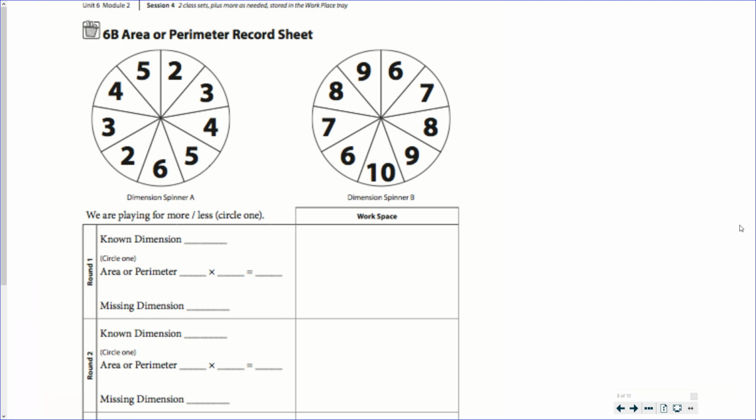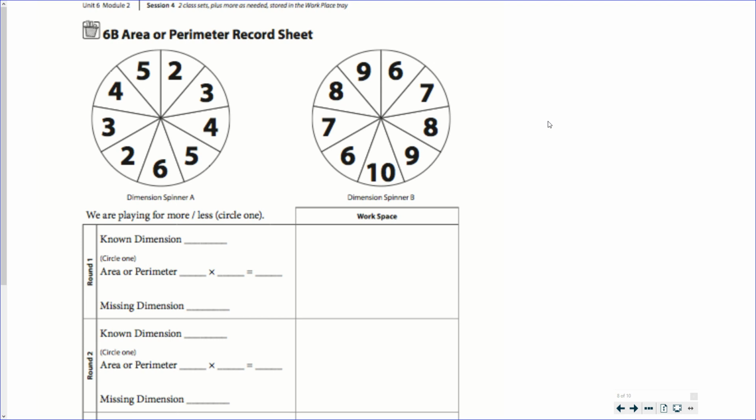If you want to look through the instructions, they are in the packet that we sent home with you before we left for break. That is also where you would find the workplace station to be able to play it. For this workplace station, you will need a paper clip or just a pencil to put down as your spinner.